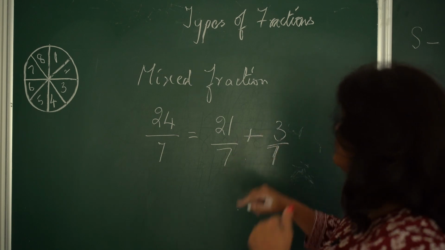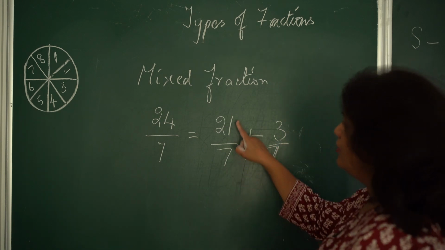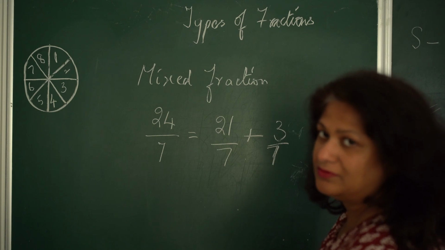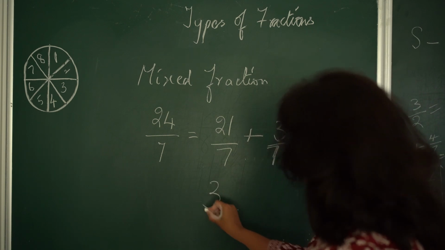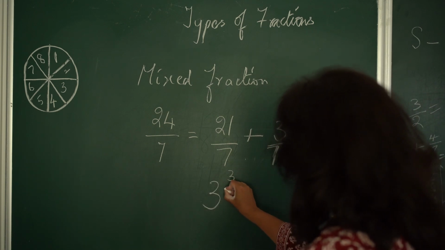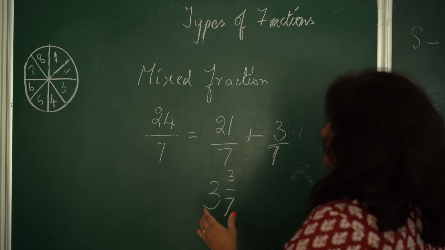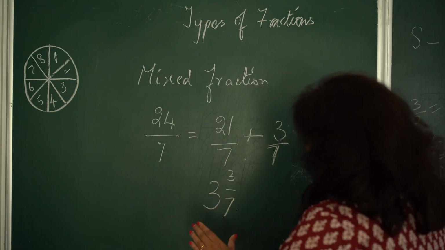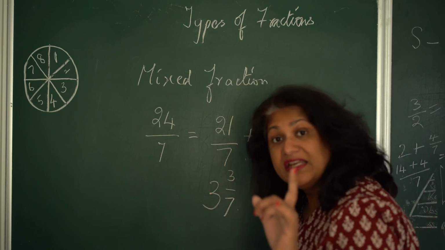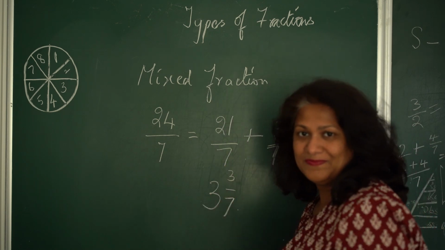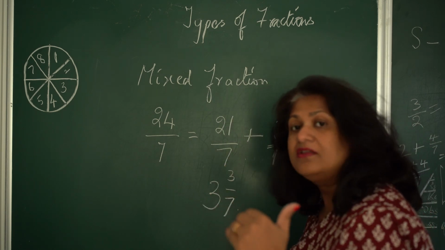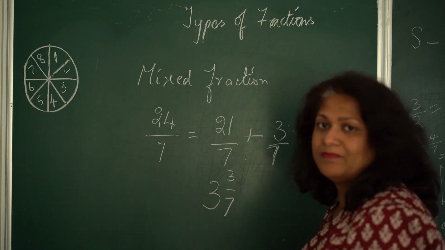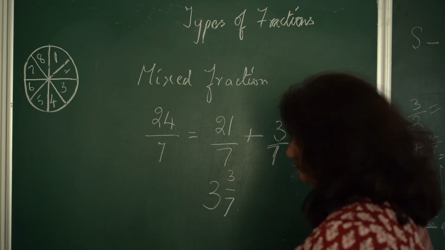This will give me 24 by 7, right? 21 by 7 is equal to 3. This is my mixed fraction. Now, this is how I will write it: 3 and 3/7 of something.